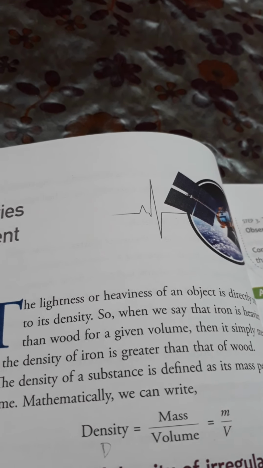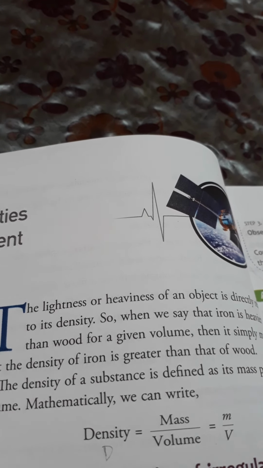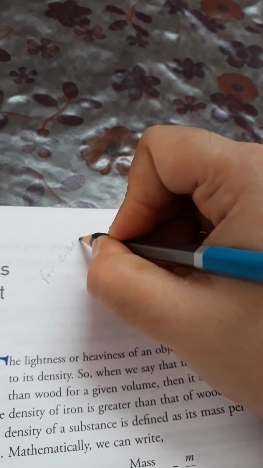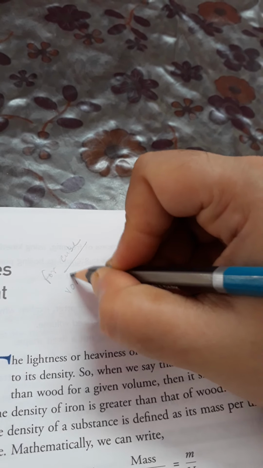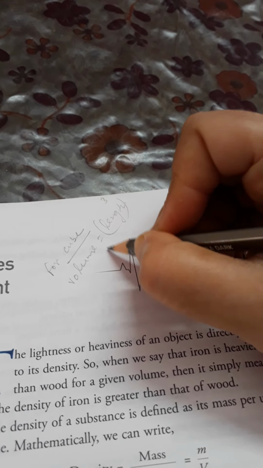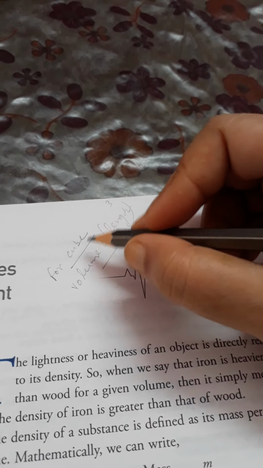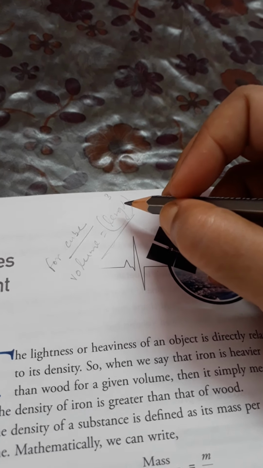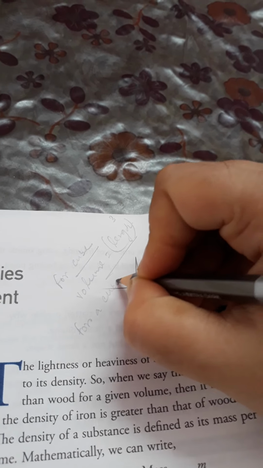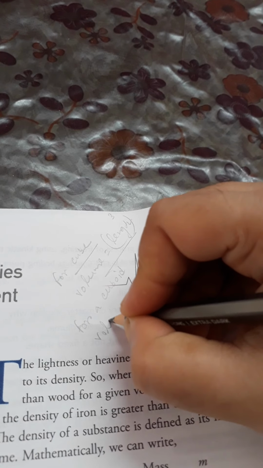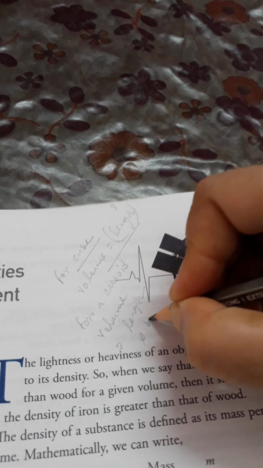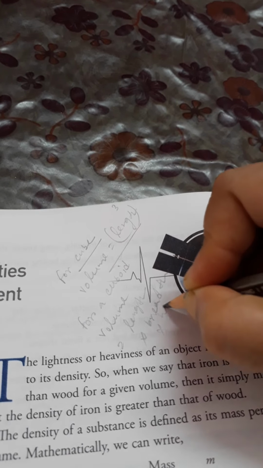For example, for a cube the length is given, so how can you find out the volume of a cube? For a cube, volume is equal to length the whole cube, that is, length cubed. And for a cuboid, volume is equal to length into breadth into height.